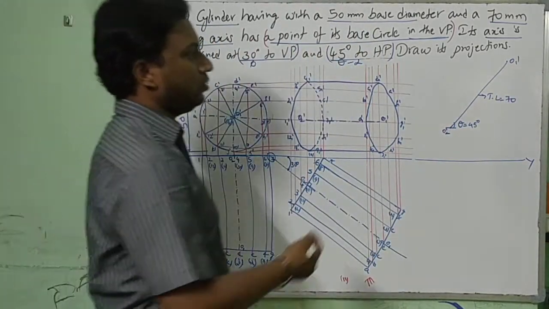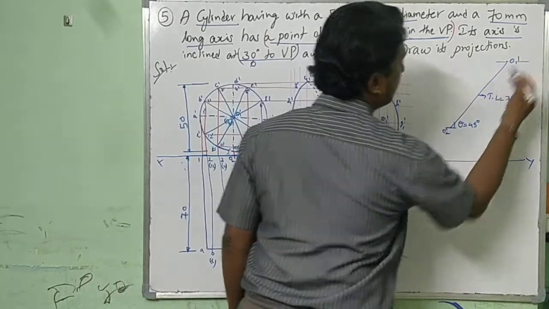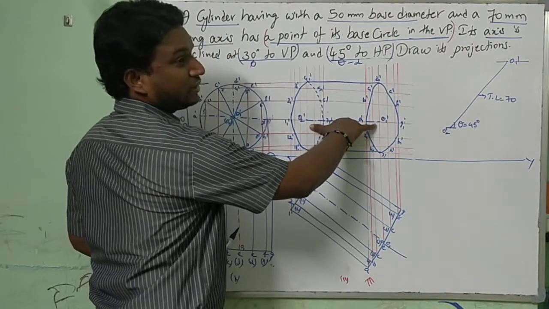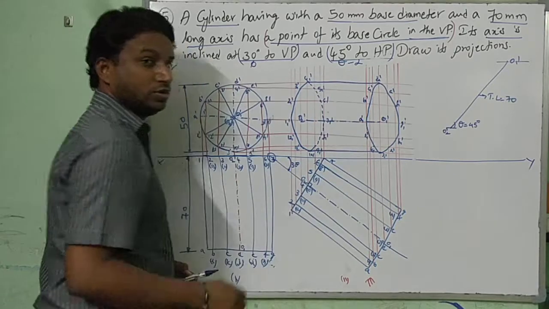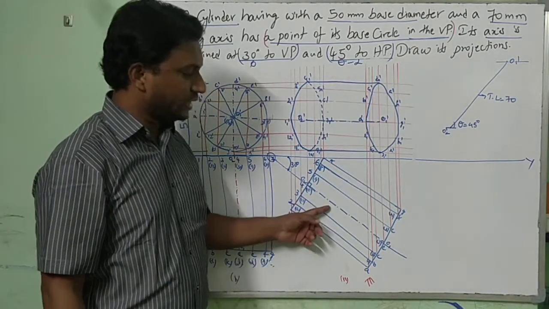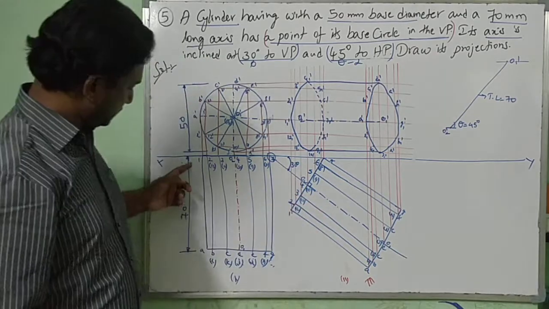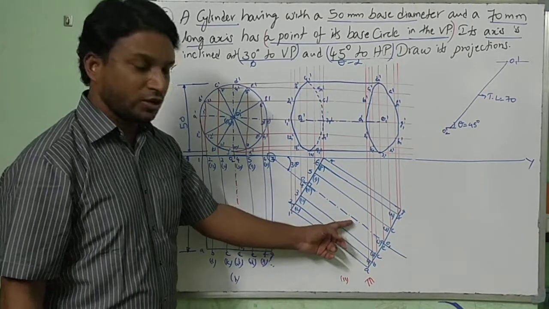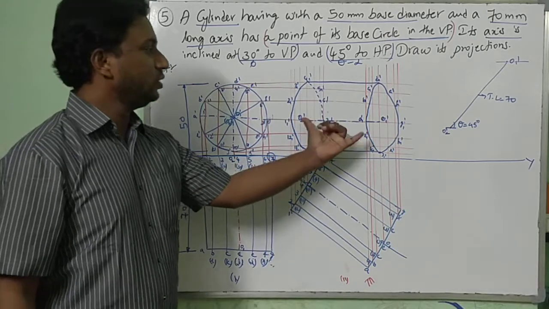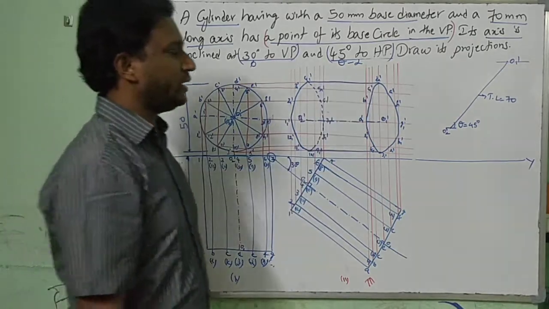At O1 dash, draw the locus line. Now measure this diminishing length in the second stage front view. Why? Because here it is true length. This true length is turned into a diminishing length in the front view. This diminishing length has to be rotated.